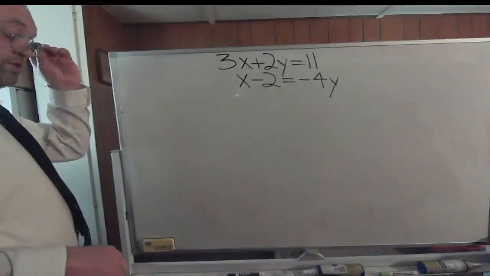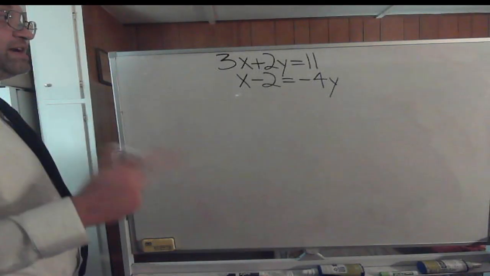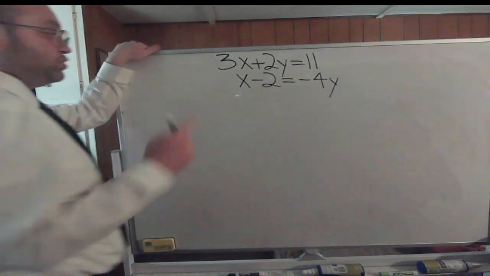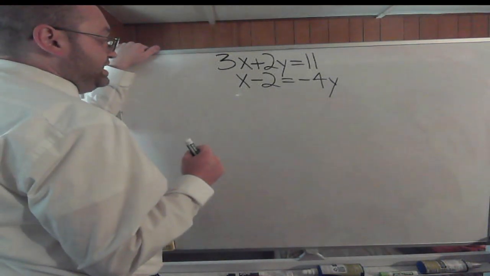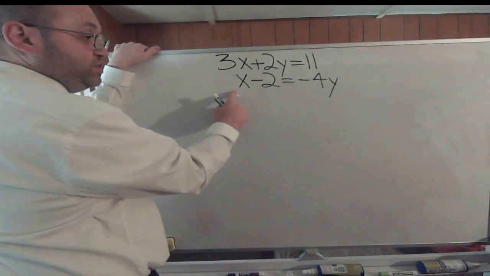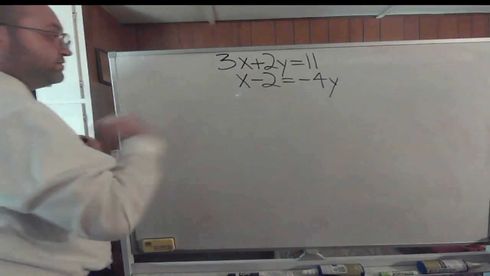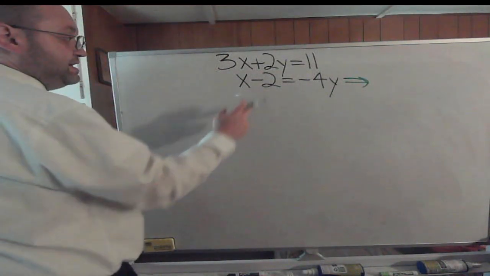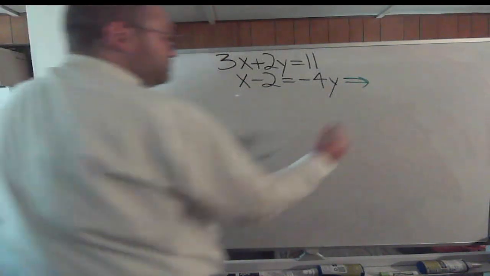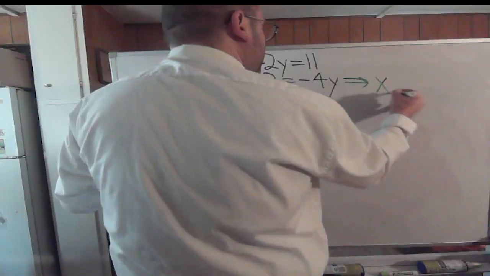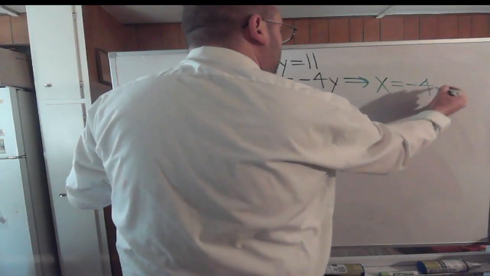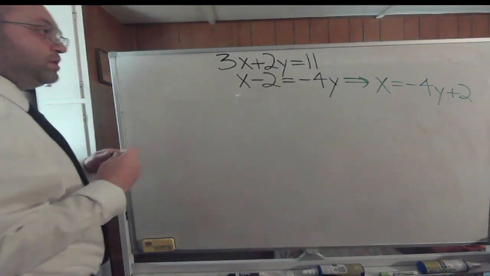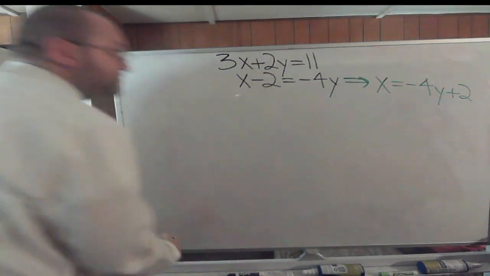Well, we want to do this by substitution method, so we got to find one of the variables to make a substitution for. I'm going to say that x has a coefficient of 1. That would be the perfect equation for a substitution. So in order to get x by itself, you just add 2 to both sides. You'll end up getting x equals -4y plus 2. So x equals -4y plus 2, there is your equation of substitution.